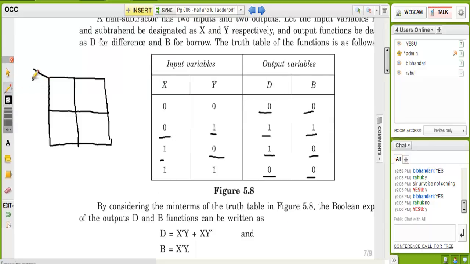We get x here and y here. The relation we have to draw. This is 0, this is 1, this is 0, this is 1.